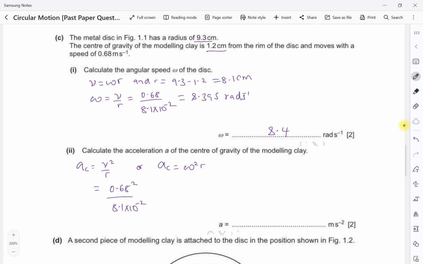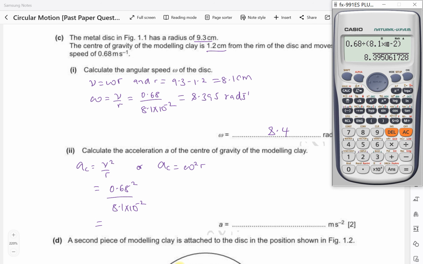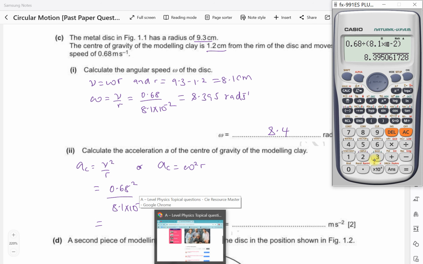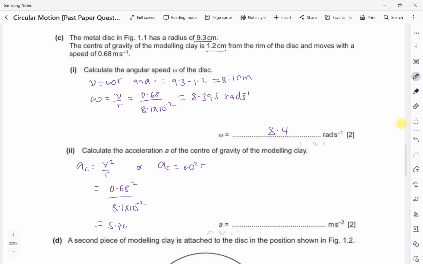This is 5.709 meters per second squared.